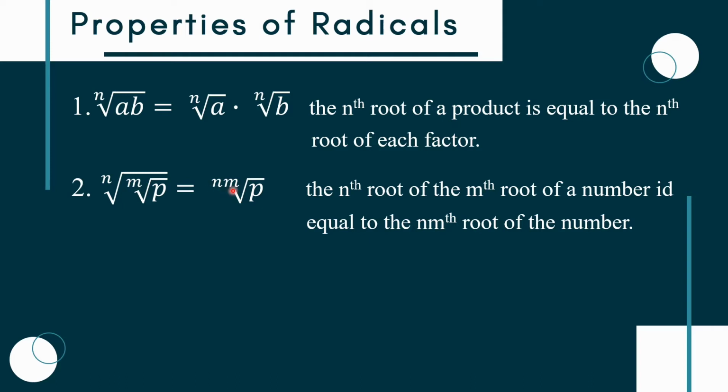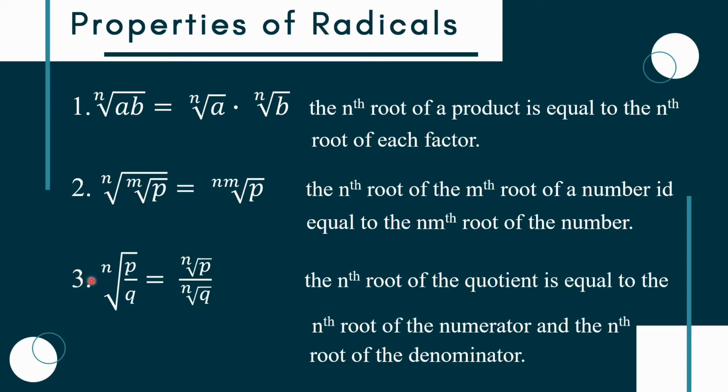Ayan. Minultiply lamang natin. Next is, when nth root of P over Q, so that would be equal to nth root of P over or divided by nth root of Q. That is applying the quotient law of radicals. Okay? So these are the properties of radicals which will help us in simplifying radical expressions.